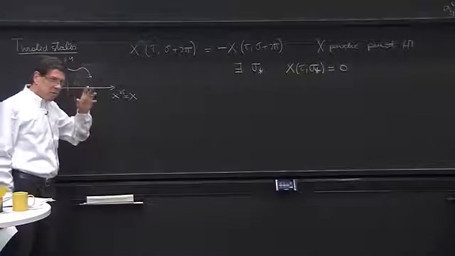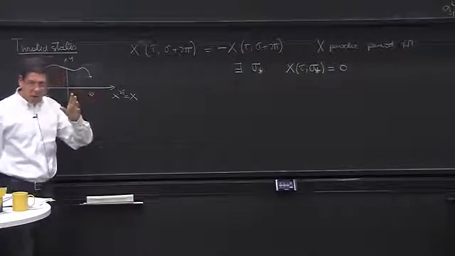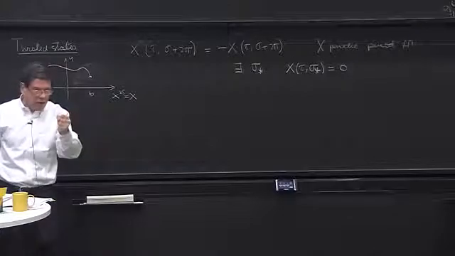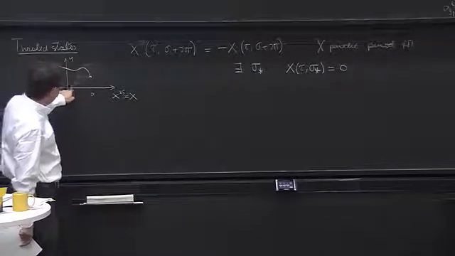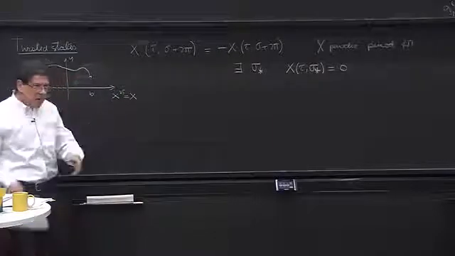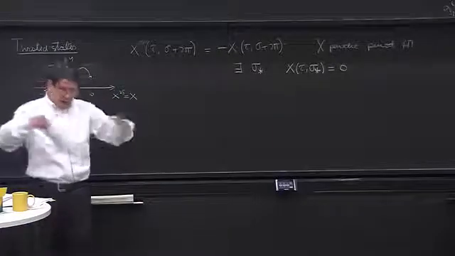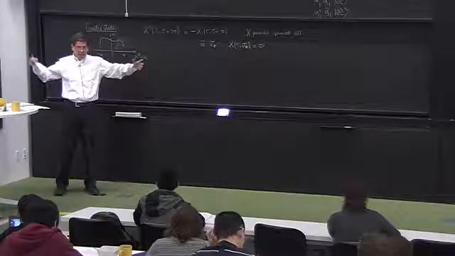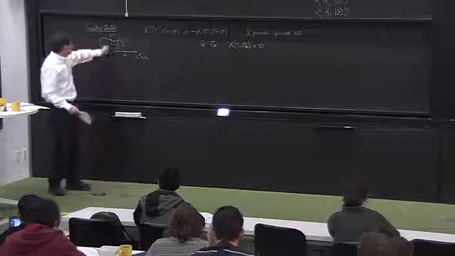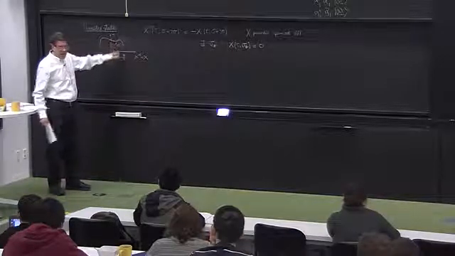So intuitively, these strings are stuck at the orbifold point. They always have to pass by the point x equals 0. And they can be very long, but that's very expensive in energy. This costs tension. So all these strings really like to be near the point x equals 0.